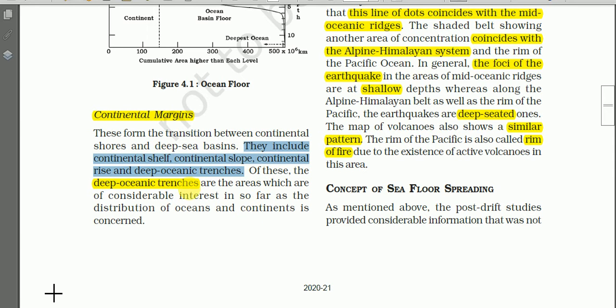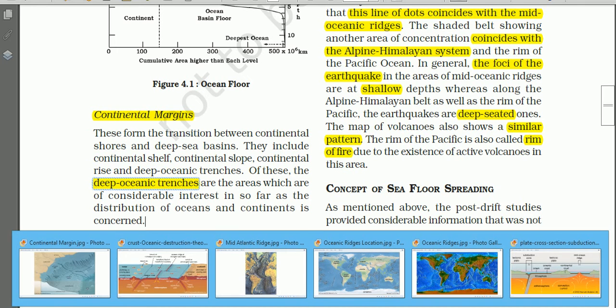Out of these, the deep oceanic trenches are of considerable interest insofar as the distribution of oceans and the continents is concerned, so information collected from the deep oceanic trenches is very important.